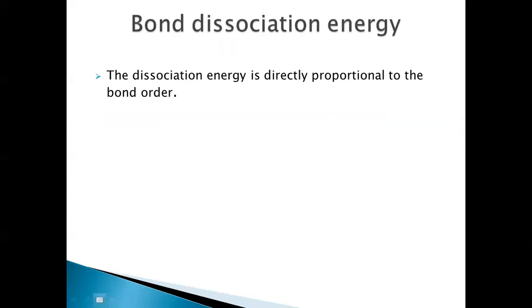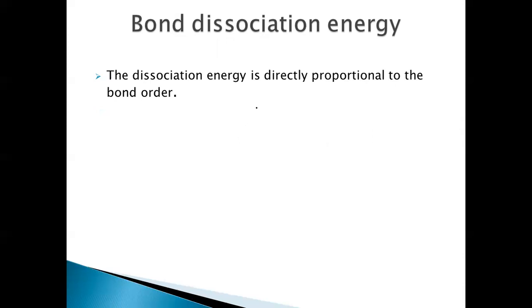The next is bond dissociation energy. Here, the stability of the molecule can also be explained based on the bond dissociation energy. In my previous slide, I explained the stability of the molecule based on the bond order, right? The more the bond order, the more is the stability of the molecule.